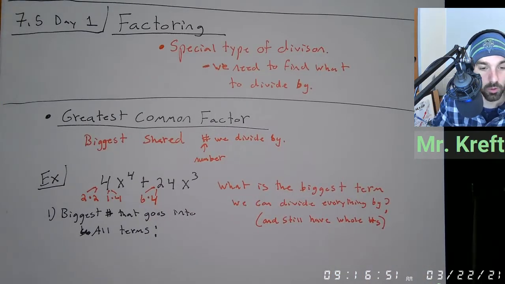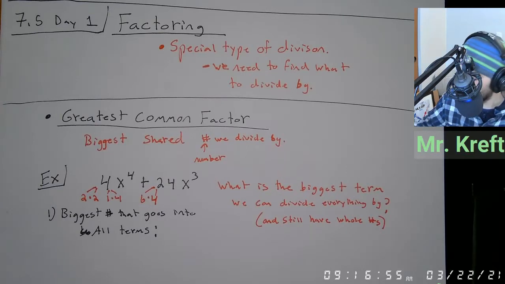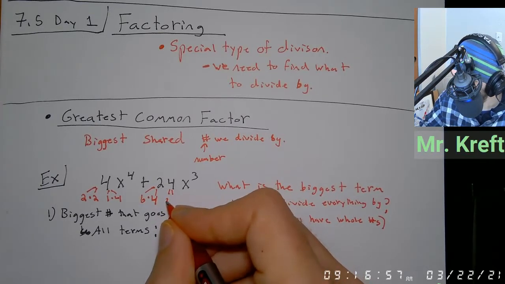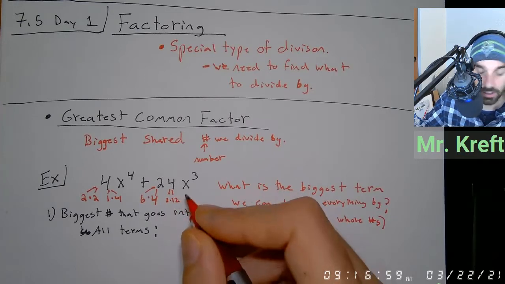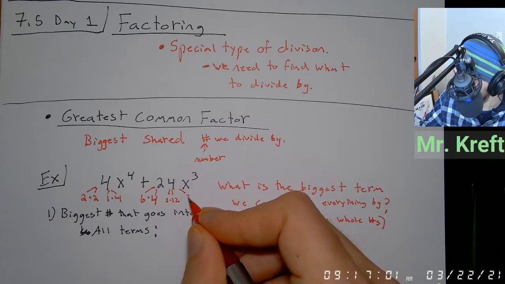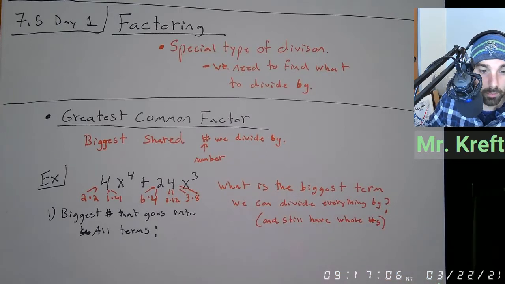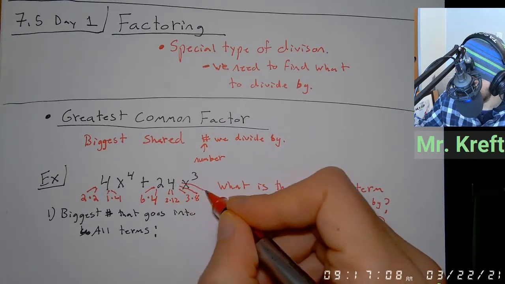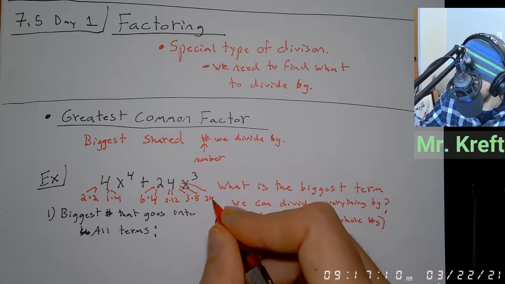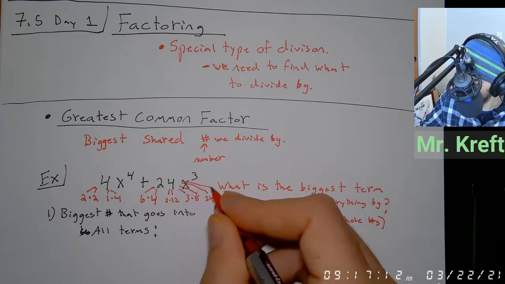How else do we get to 24? 2 times 12. Oh, there we go. 3 times 8. What about 24 and 1? I like multiplying by 1, right?